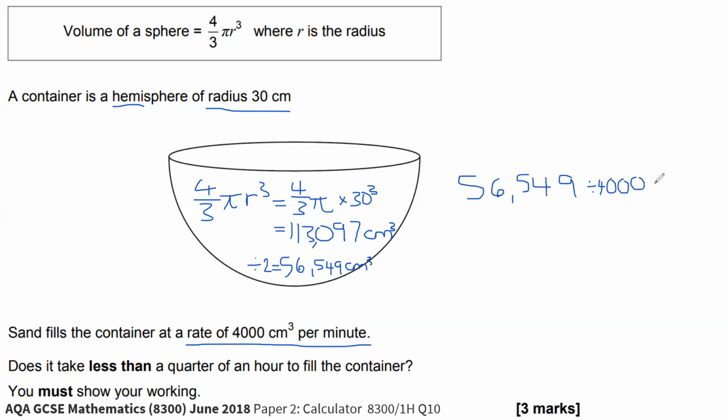So we're going to divide that by 4,000, and that is going to give us the answer of 14.14 minutes, which is the equivalent to about 14 minutes and I think about 8 or 10 seconds. And the units of this is just minutes because we've worked it out in minutes. So the answer to this question is yes, it does take less than a quarter of an hour to fill the container.